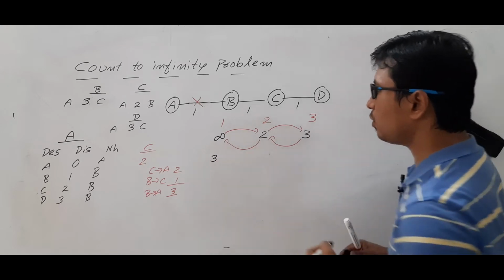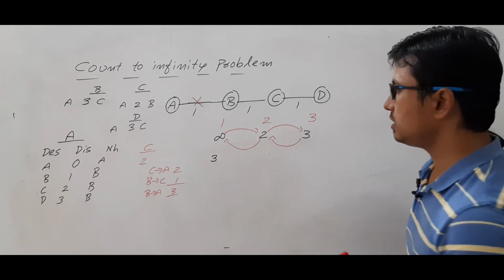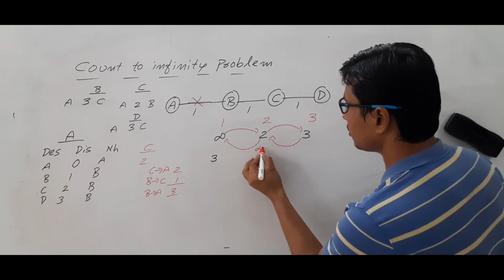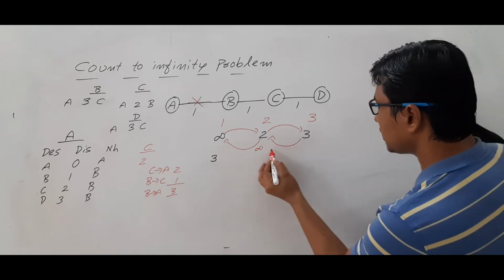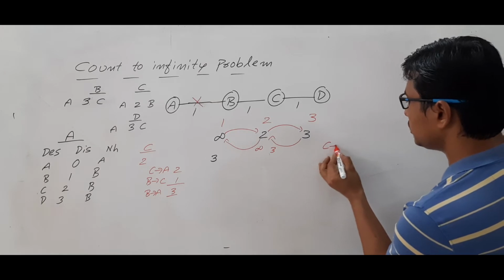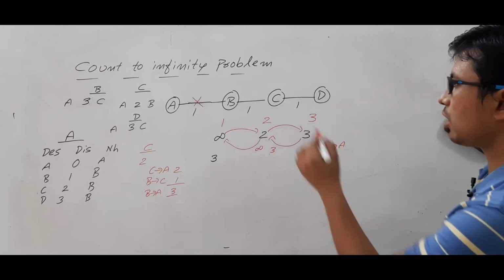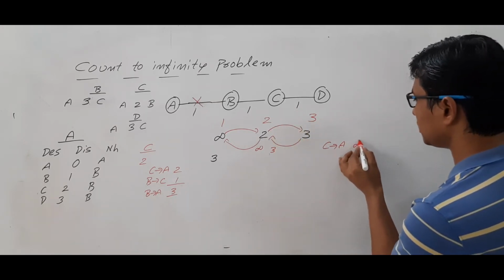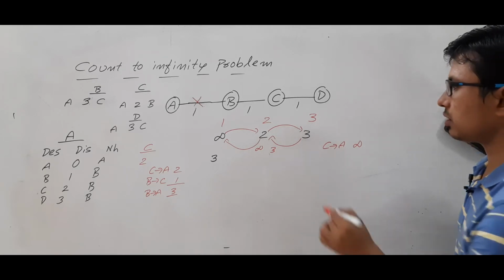Okay, and what will C get? C is getting infinity from B and it is getting 3 from D. So if you see, C to A distance according to B is infinity, am I right or wrong?